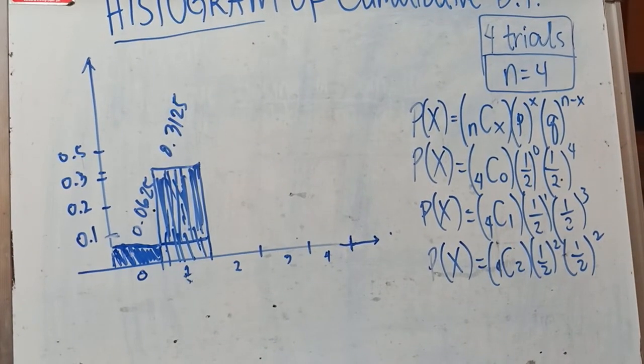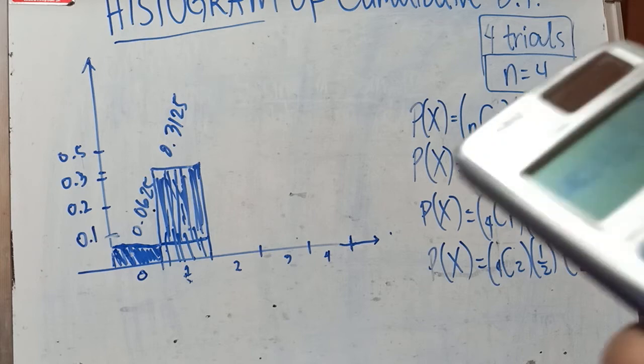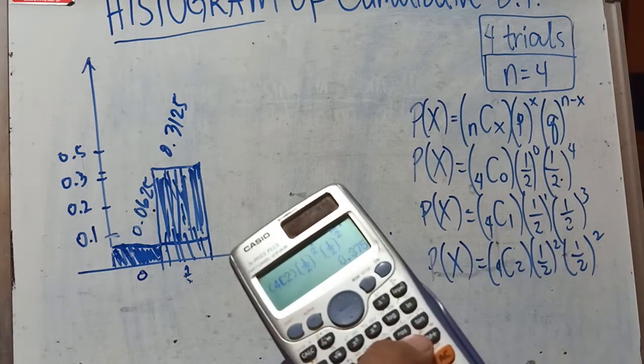Okay, so that would be 4C2, that is 1/2 raised to the power of 2, that's 1/2 raised to the power of 2. The answer is 3/8 or 0.375.